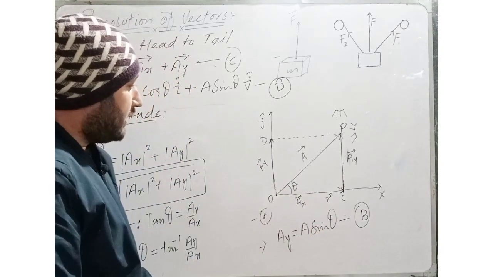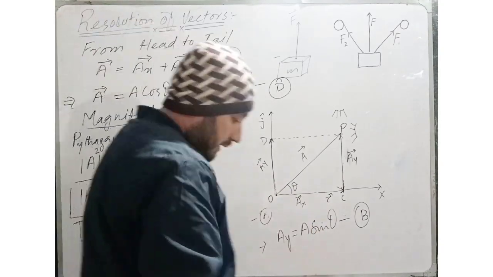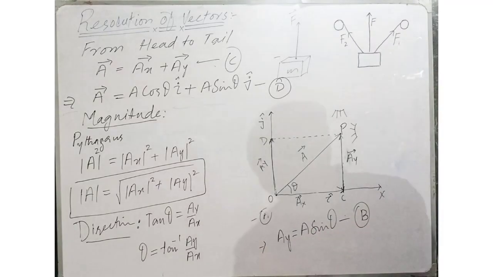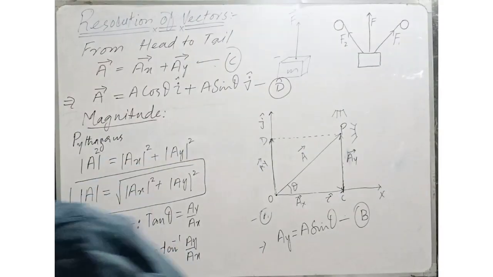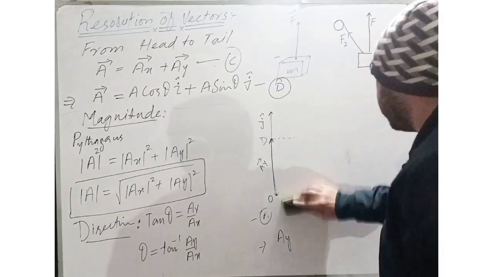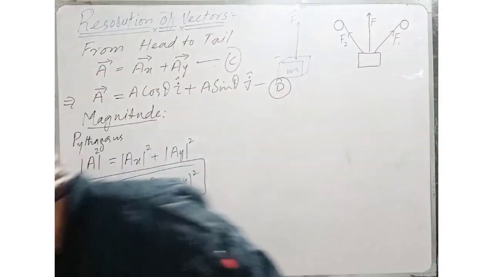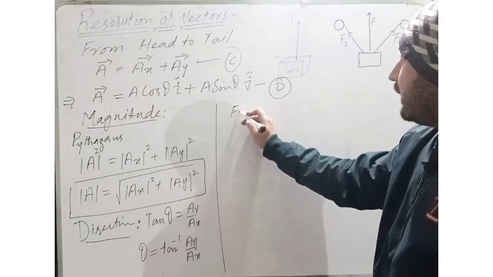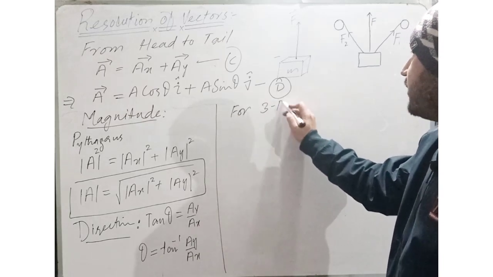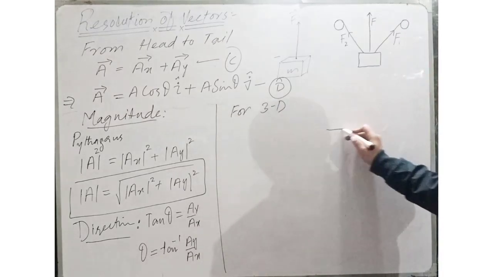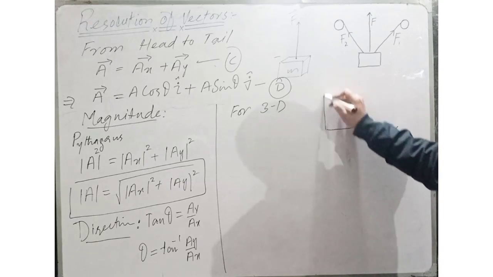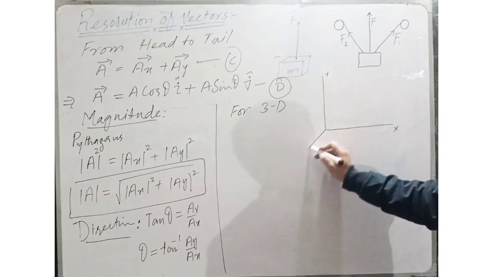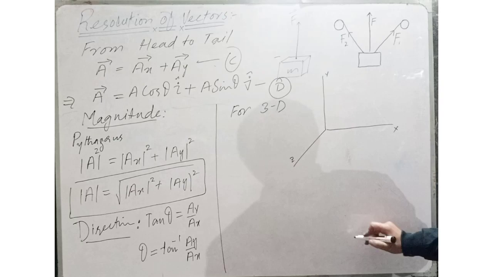Okay, now let's say that in 3 dimensions, so for 3-dimensional. Let us consider this is the x-axis, this is the y-axis, and this is the z-axis, right?